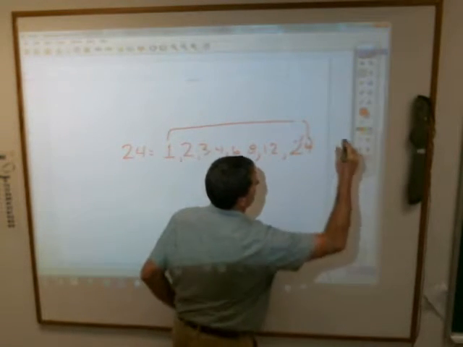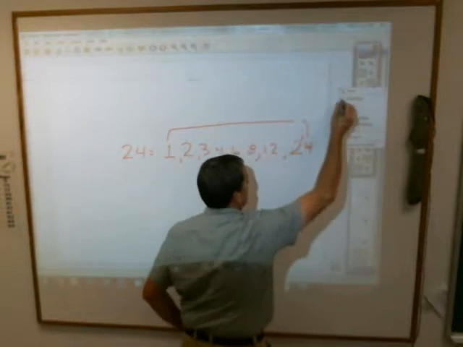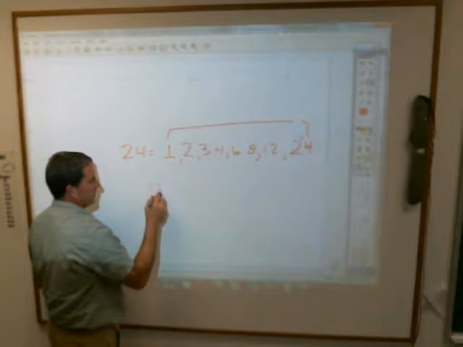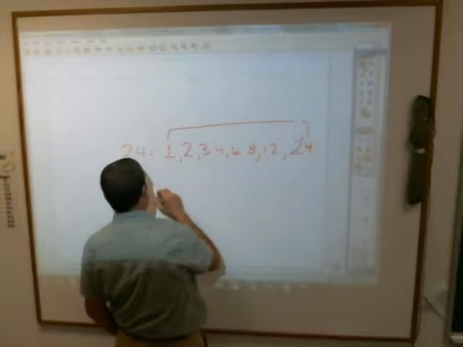The other thing the book tries to show you a little bit is thinking about factors like trying to make rectangles. I'll show you here.